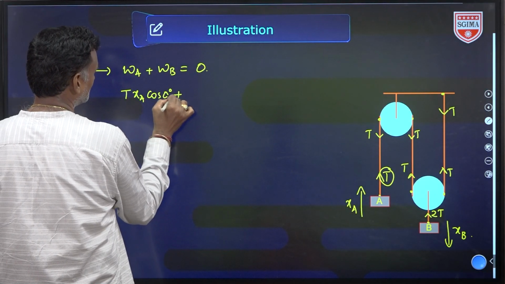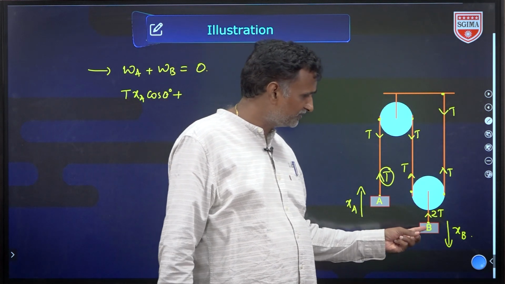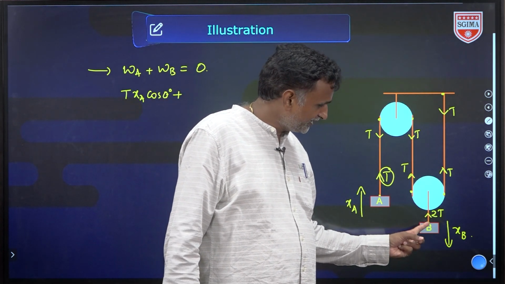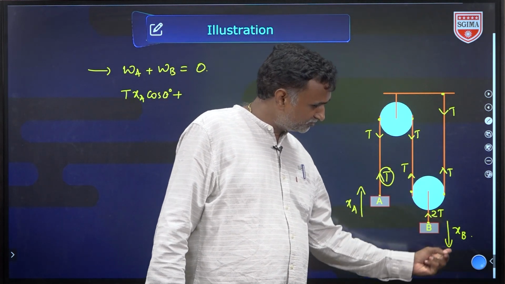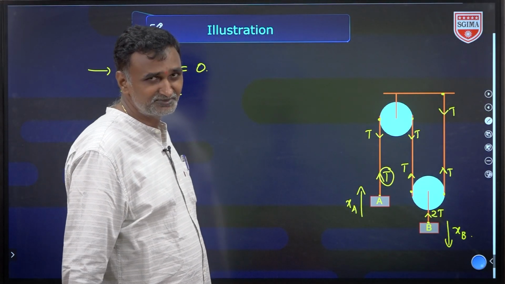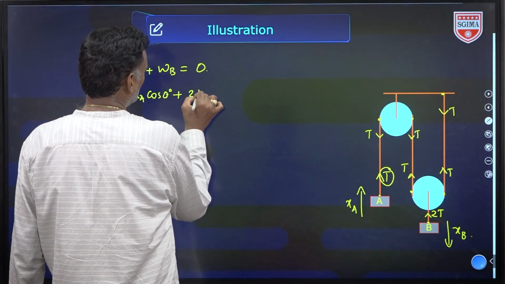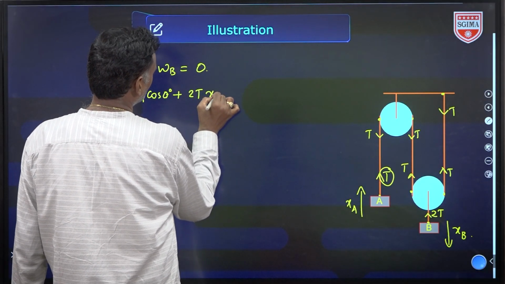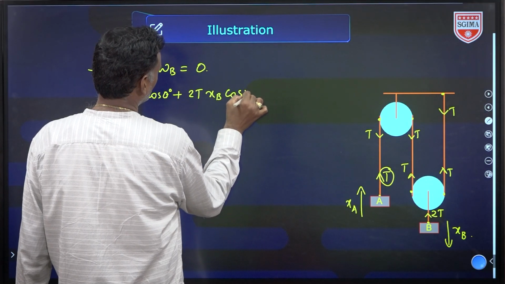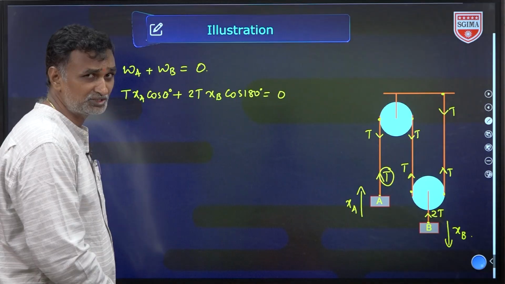Plus, what is the force acting on block B? 2T. 2T acting upward, but the block is moving downward. So, how much is the angle between force and displacement? 180. So, simply we can write 2T XB cos 180 equal to 0.